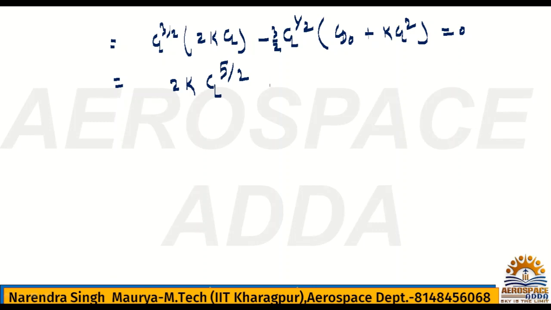5 by 2 minus 3 by 2 CD naught Cl power 1 by 2 minus 3 by 2 K Cl 5 by 2 equal to 0.